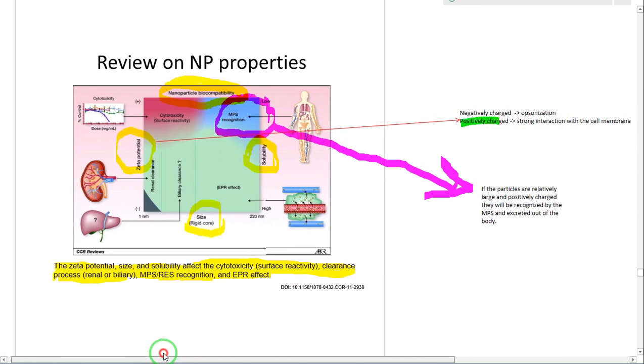I'm sorry, when the particles are negatively charged, they undergo the opsonization.